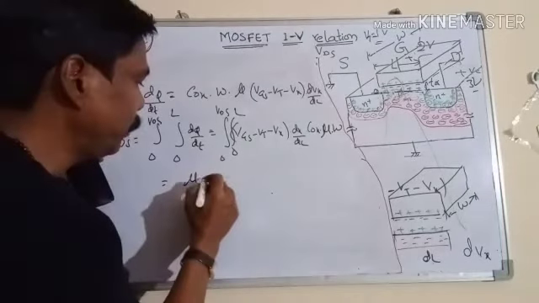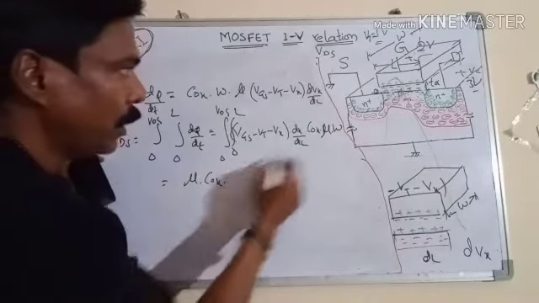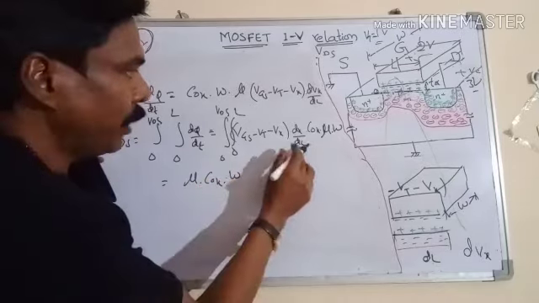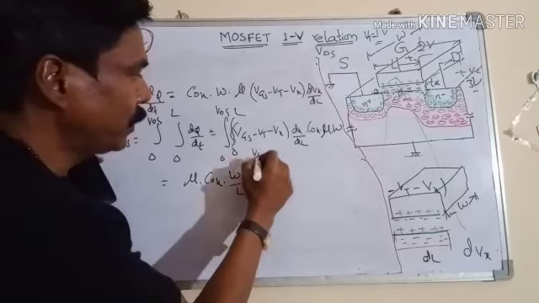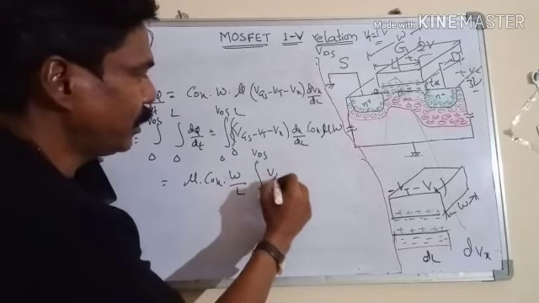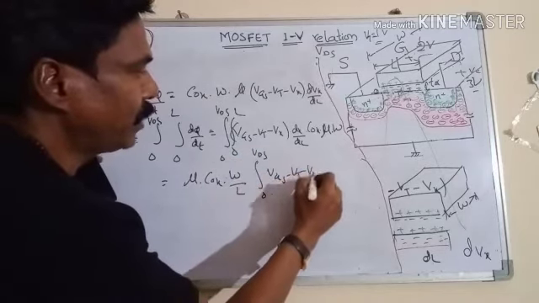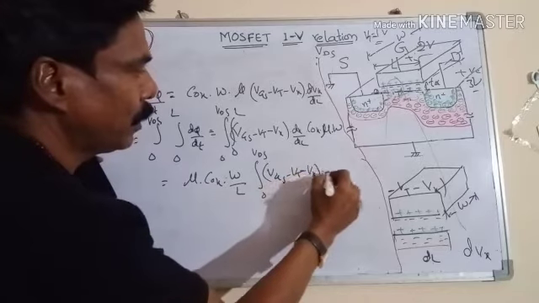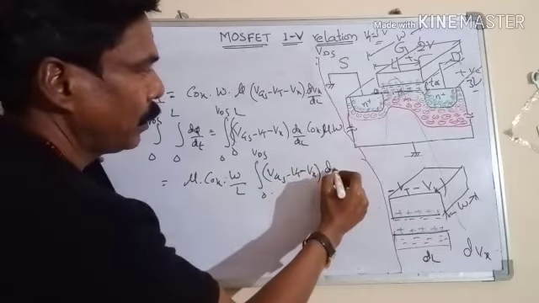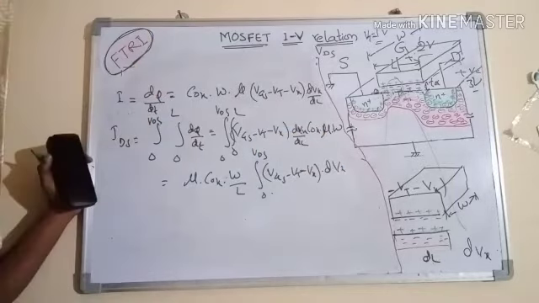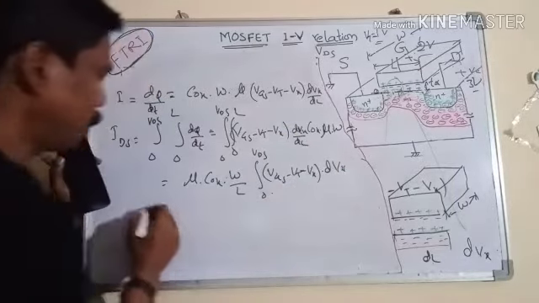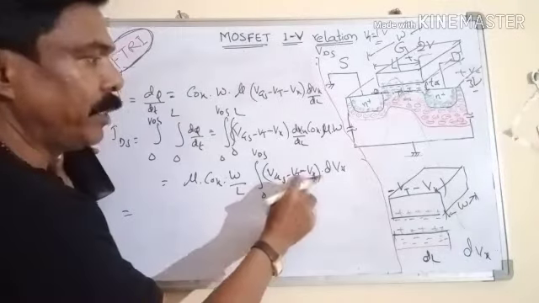Let me rearrange. Mu into Cox into W is constant. When you integrate with respect to L, that becomes L here, and integrate 0 to VDS. Next term is this, Vgs minus Vt minus Vx dVx. Okay, so there are two terms in this, Vgs minus Vt and minus Vx.